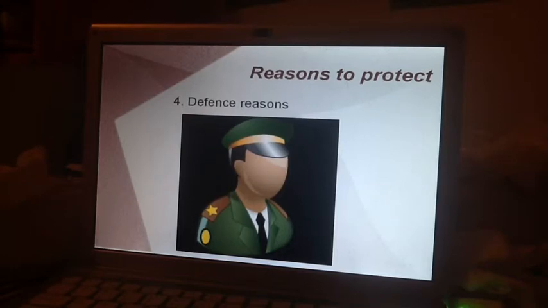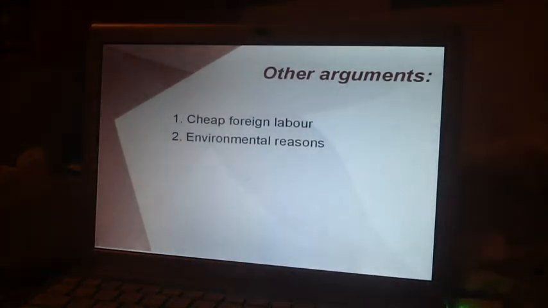However, there are other arguments that come into play, and these are all related to social and moral reasons why we should protect domestic industries. It's this argument that we need to discourage international or foreign industries that are engaged in unethical practices such as environmental damage or cheap foreign labor through child labor or use of prisoners.